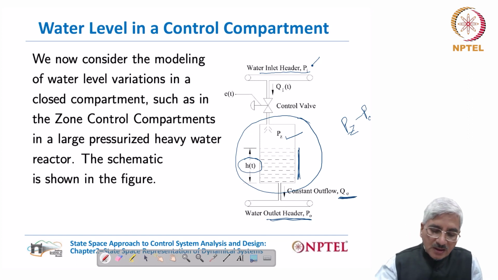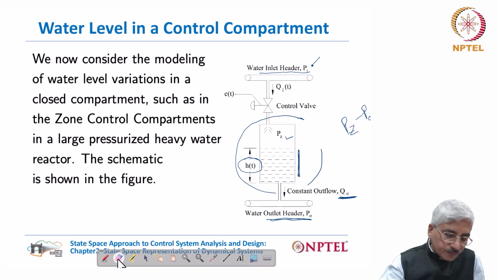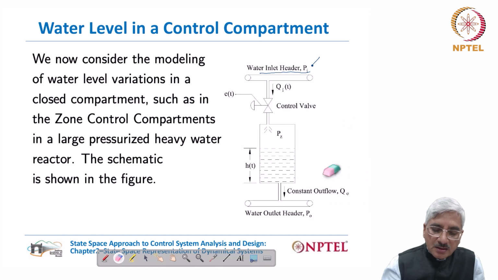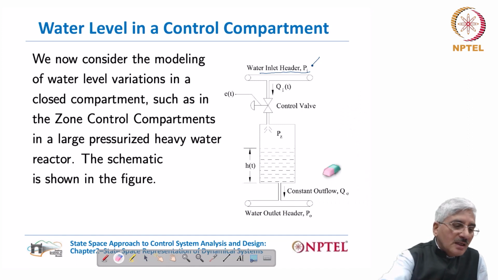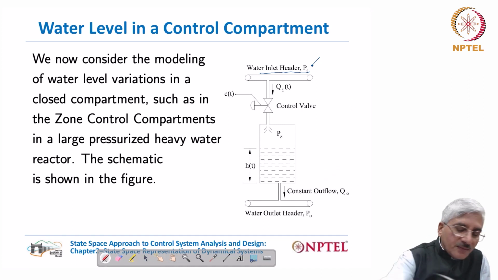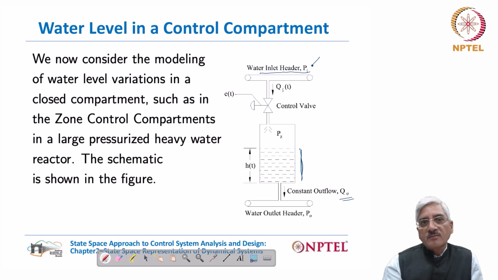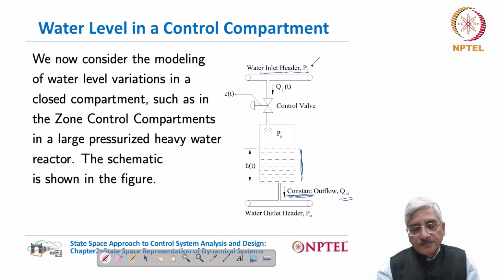So the assumption here is that PZ and P0, their difference is chosen in such a way that despite the level variations in the compartment, the outflow will remain constant. This is the assumption, and this is how the system is operated.